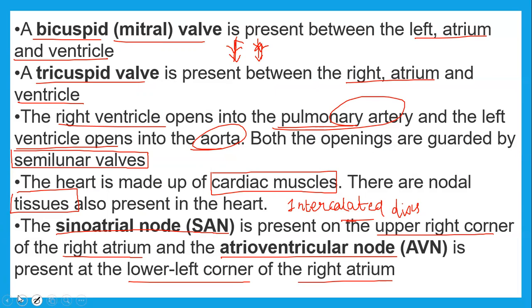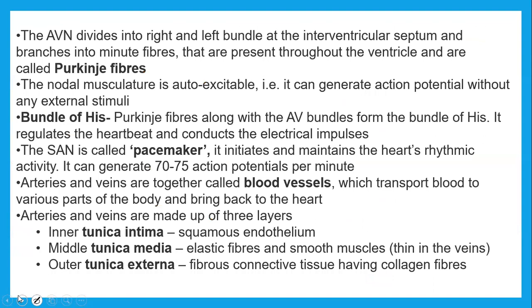Then you have the nodal tissues: the sinoatrial node in the upper right corner of the right atrium, and on the lower left corner the atrioventricular node.